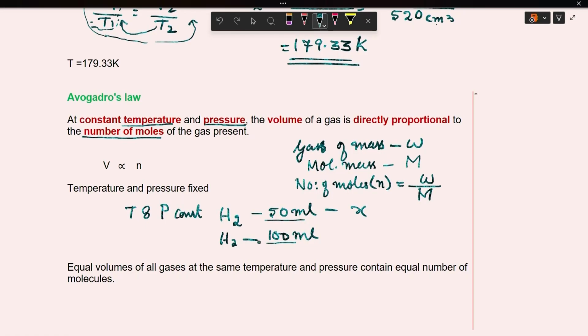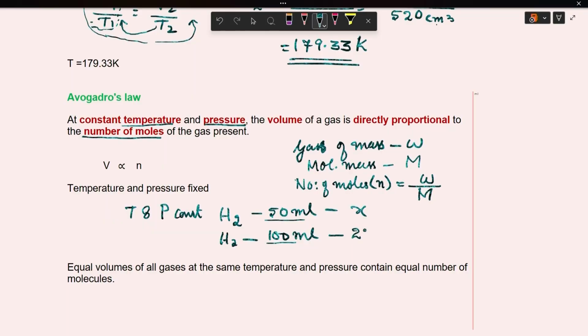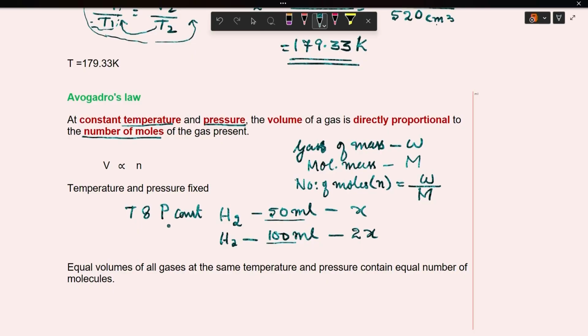Now, if that hydrogen gas is occupying a volume of 100 ml, it will surely have double the number of moles as in the previous case. So, here we say that when temperature and pressure are constant, V is directly proportional to the number of moles. Hope I have made it clear.